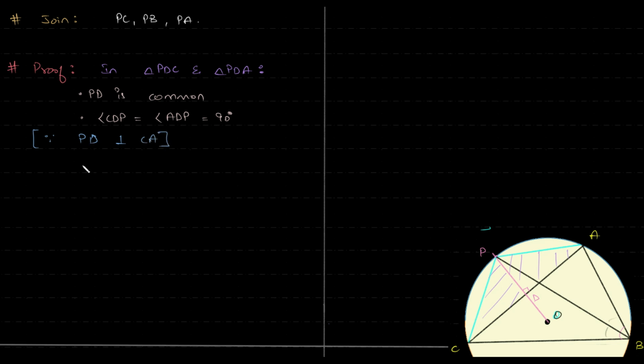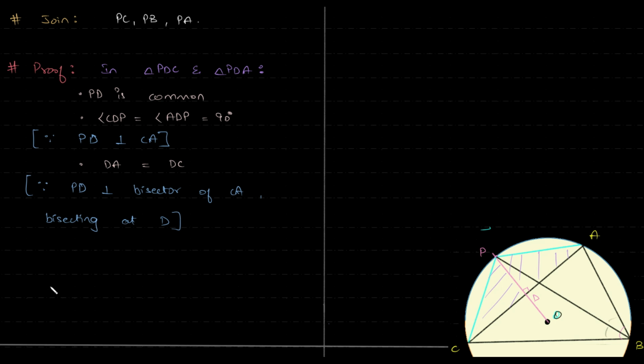And at last we have DA. Yeah, DA is equal to DC. And this is because PD is the perpendicular bisector of CA, intersecting or bisecting at D. Yes, we are writing a lot.